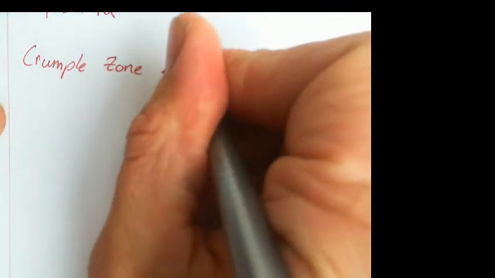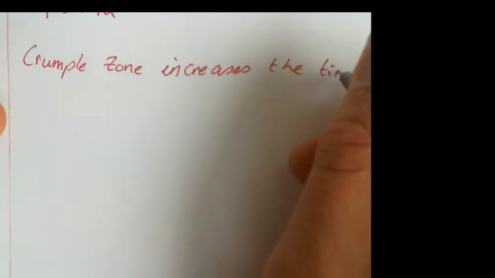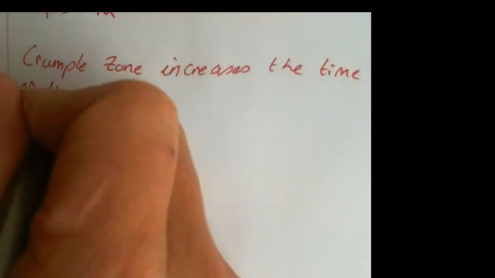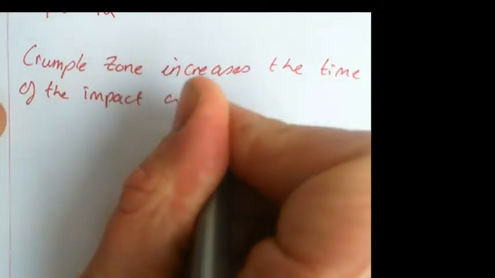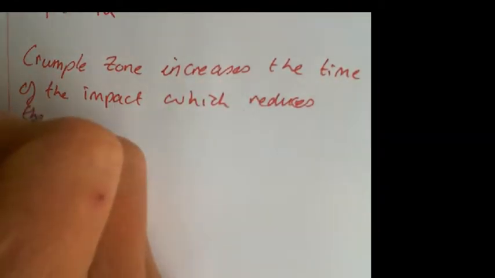Okay, so first example, well, we've already talked about one safety feature, and that safety feature was the crumple zone. This works by increasing the time of the impact, which reduces the force.